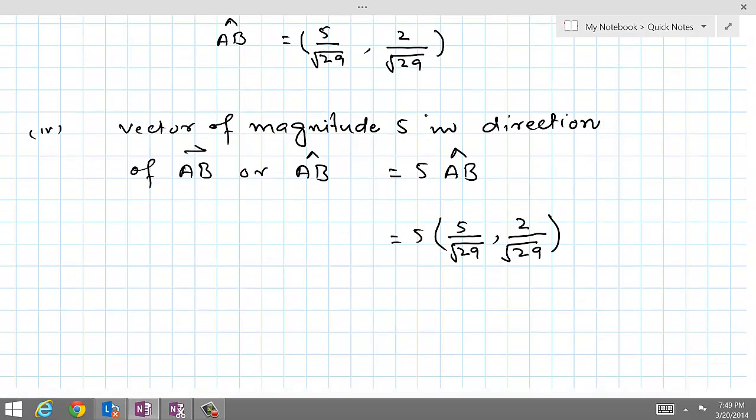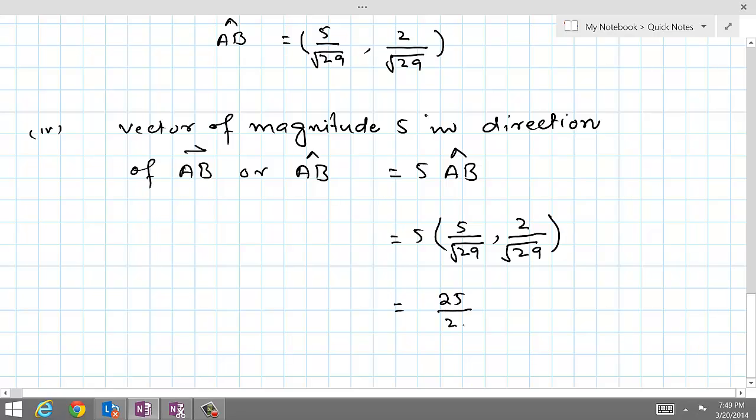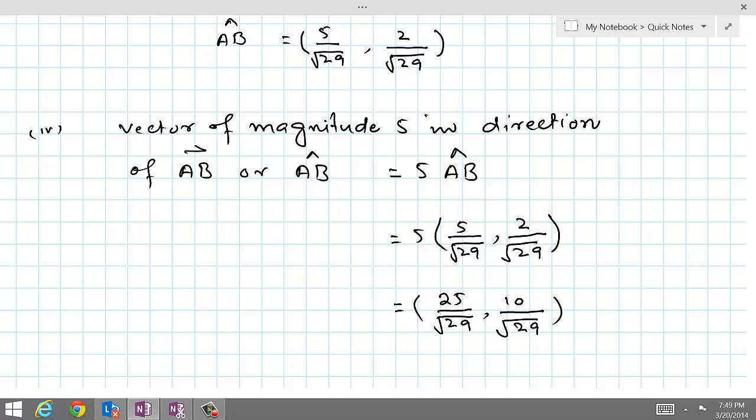So now if we multiply 5 inside, we will have 25 over root 29, comma 10 over root 29. This is a vector of magnitude 5 in the direction of unit vector AB or in the direction of displacement vector AB.